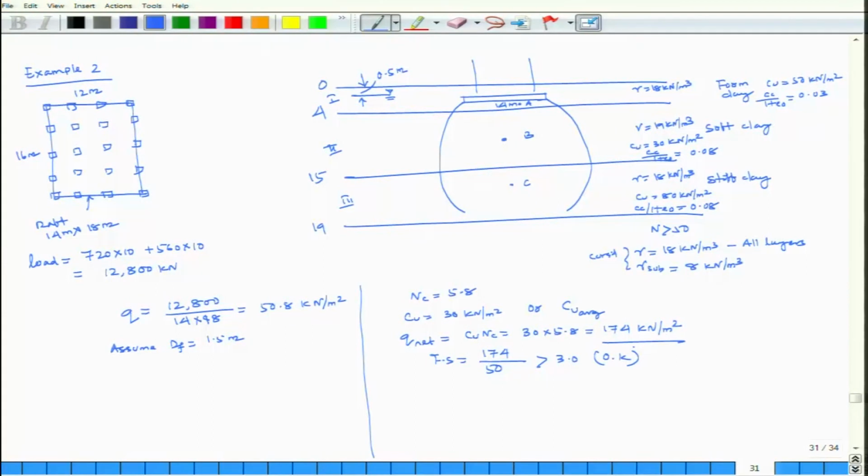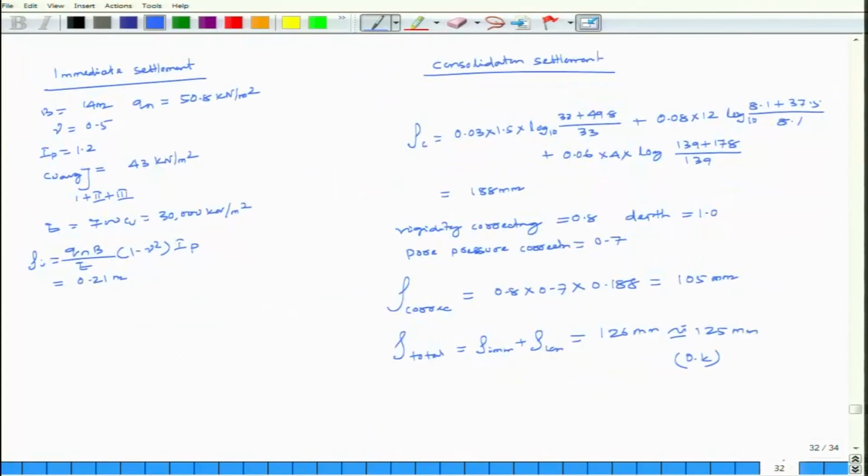Here, considering the pressure bulb, I found that most of the pressure bulb is covering complete zone 2. Either you can consider Cu of zone 2 or you can take Cu average of zone 1, zone 2 and zone 3. So, factor of safety is coming to be 3.0, which is okay.